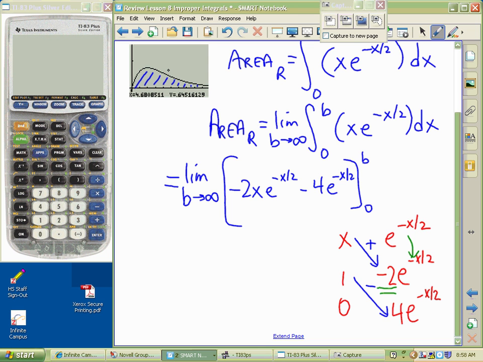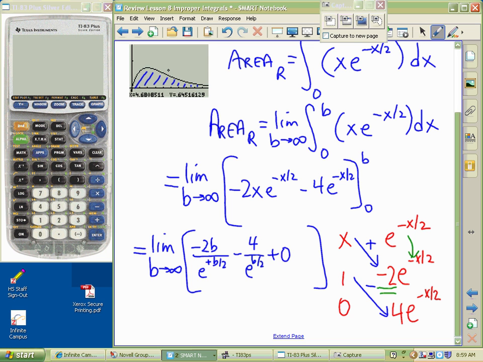I want to find that limit as b approaches infinity. So we substitute b, and we get that. And that. And then we subtract out what we get when we sub in 0.